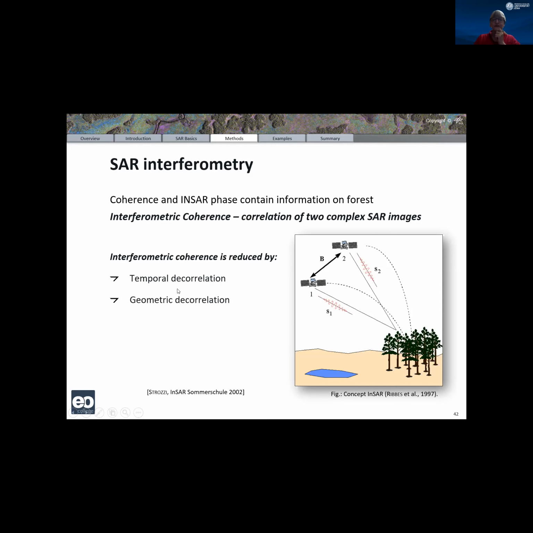Yeah, interferometric coherence is reduced by temporal decorrelation. The longer the time between the acquisitions, the coherence goes down. Geometric decorrelation: if the baseline is too long or too small, then we also run into trouble. So nowadays, when you want to produce an interferometric product like coherence or an elevation model, for example, for these old ERS 1 and 2 acquisitions from the 90s, if you order them, you can also ask for the baseline.